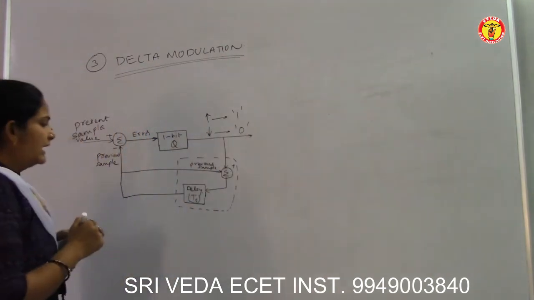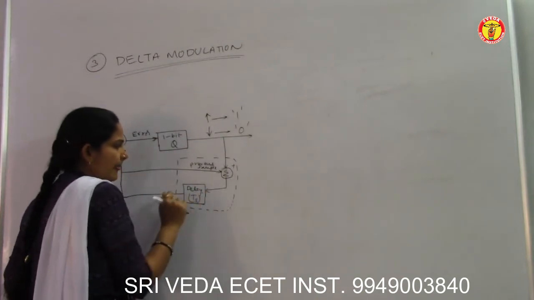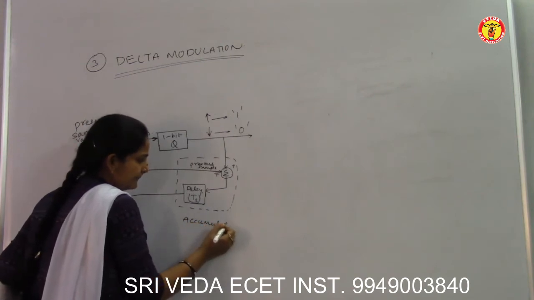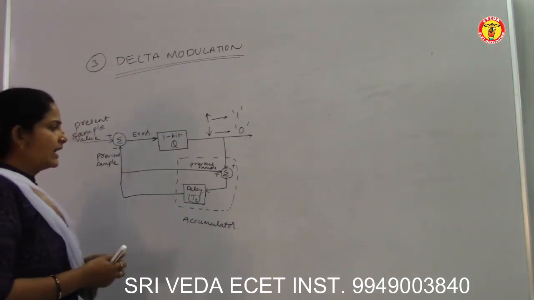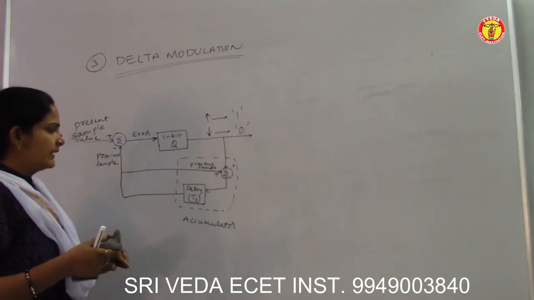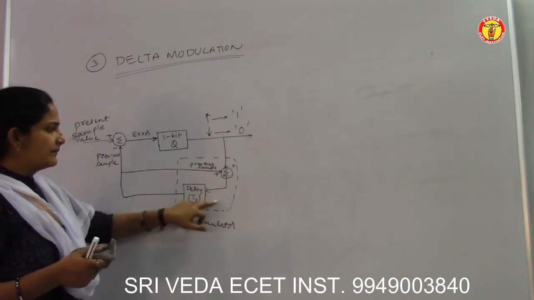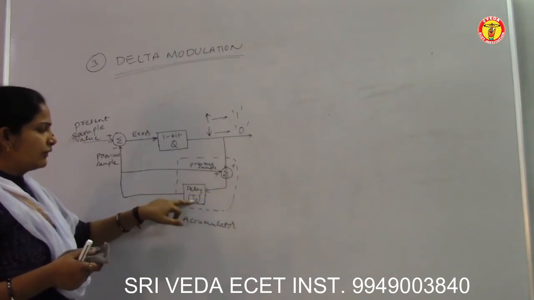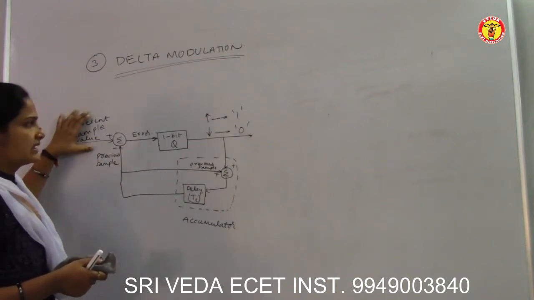And this circuit, which is a combination of a summer and this delay circuit, is known as the accumulator. What is this accumulator doing? It will generate the staircase approximation signal, and it will delay the generated previous sample signal by a period of Ts, so that we can compare the previous sample value with the present sample value.